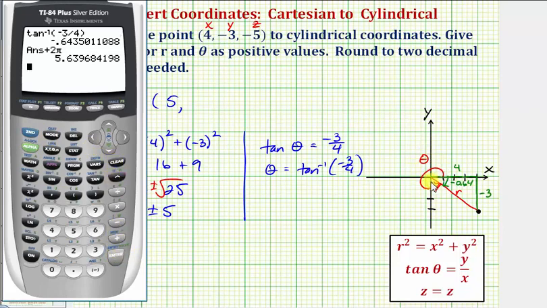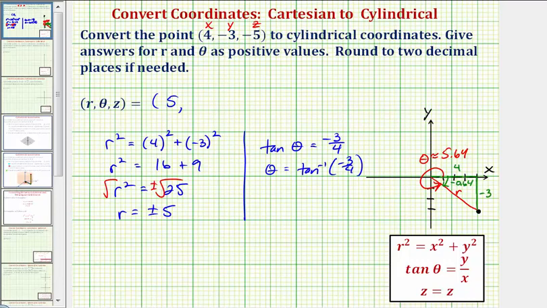So the angle theta pictured here in red would be approximately 5.64 radians. So again, the calculator gave us theta was approximately -0.64 radians. But to find the least positive value for angle theta, we added 2 pi radians to find our angle, which is approximately 5.64 radians.